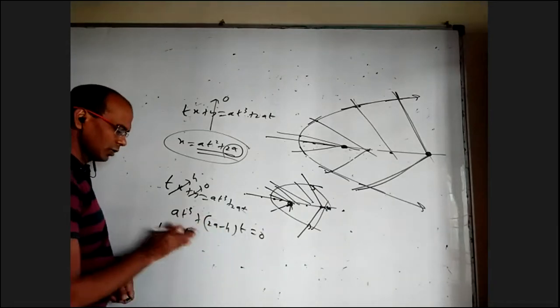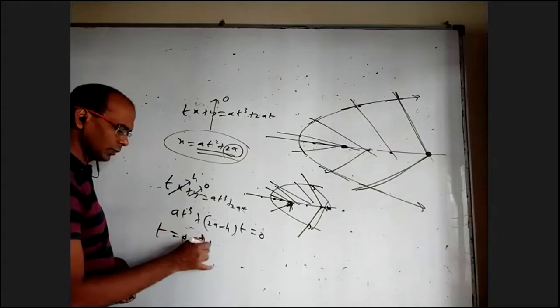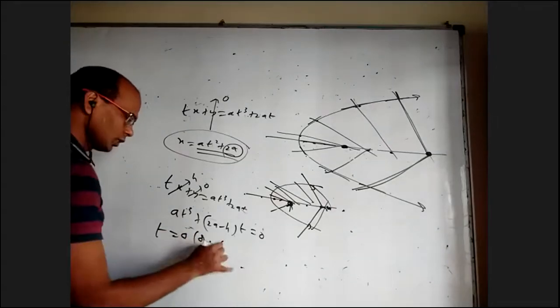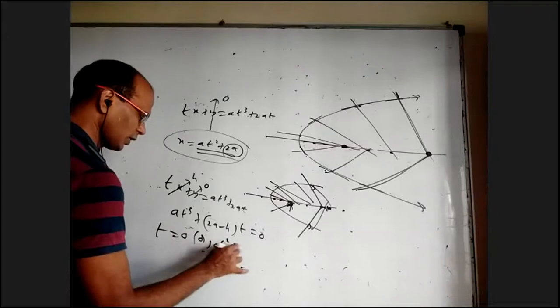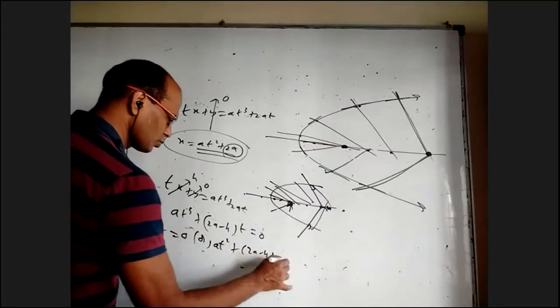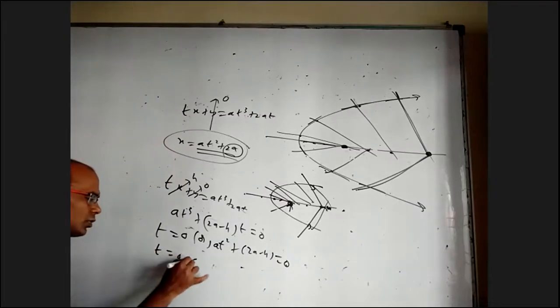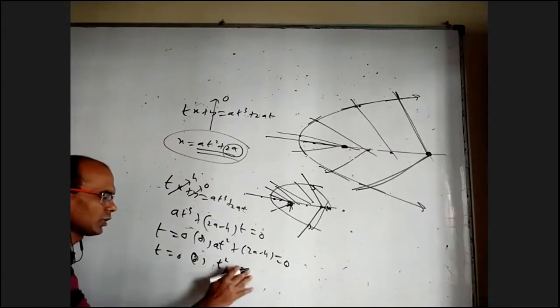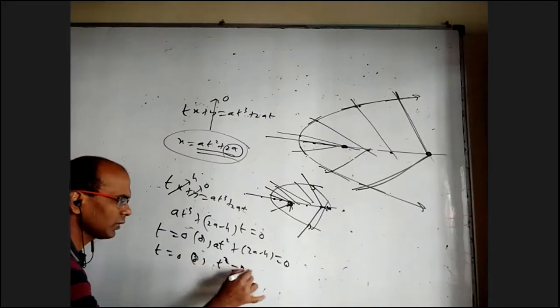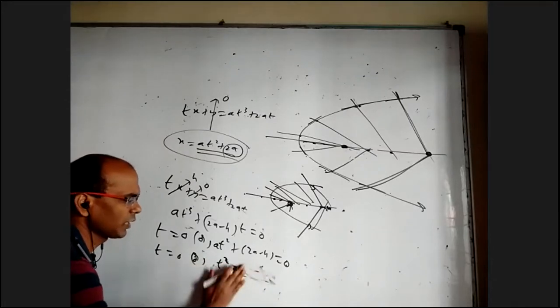Take t common, we'll get t equal to 0, or at square plus 2a minus h equal to 0. So we'll get t equal to 0 or t square equal to h minus 2a by a.